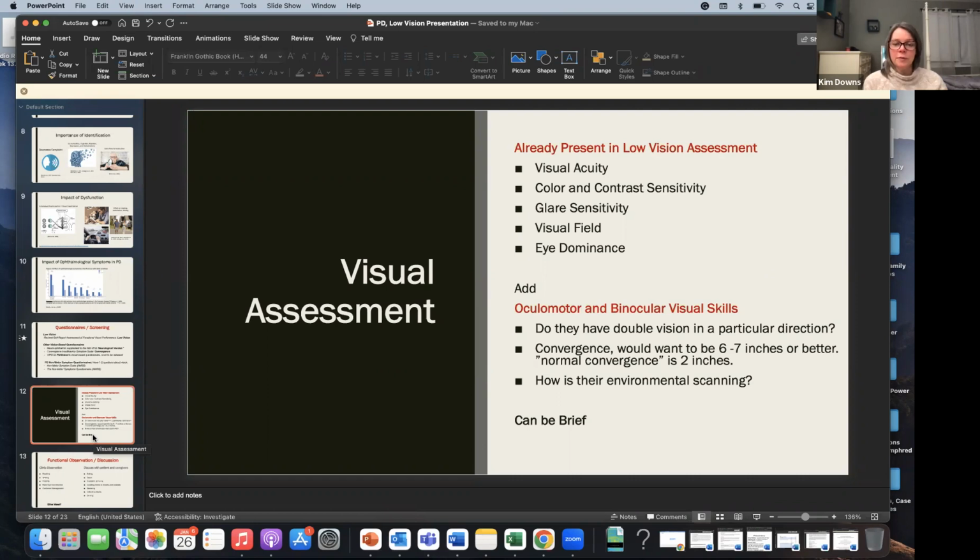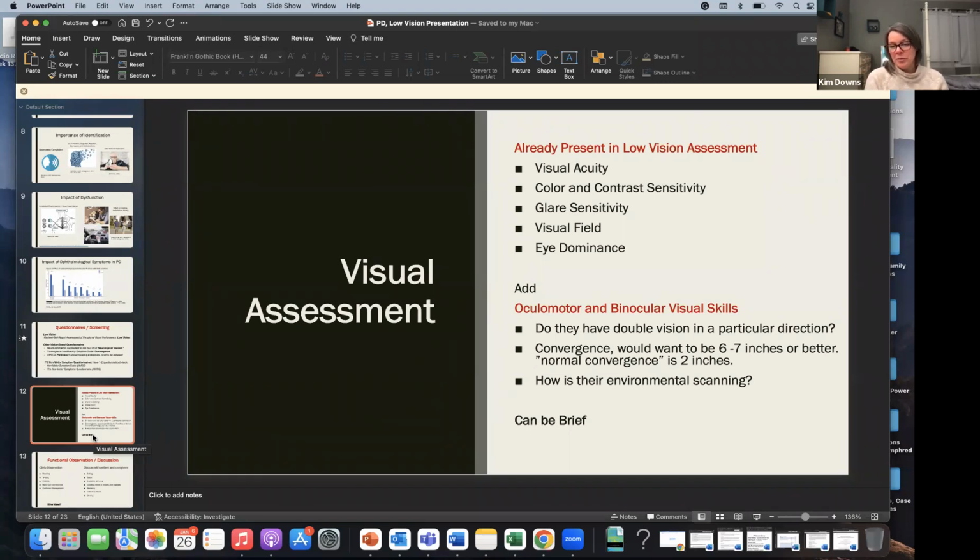If you look at their convergence, with older adults it's tricky to manage because most people are using some type of eyeglass, and you're also dealing with the focal availability of the lenses. So as you bring the target near, it does get blurry. But even for an older adult, what I would consider quote unquote normal for convergence would be about 6 or 7 inches.